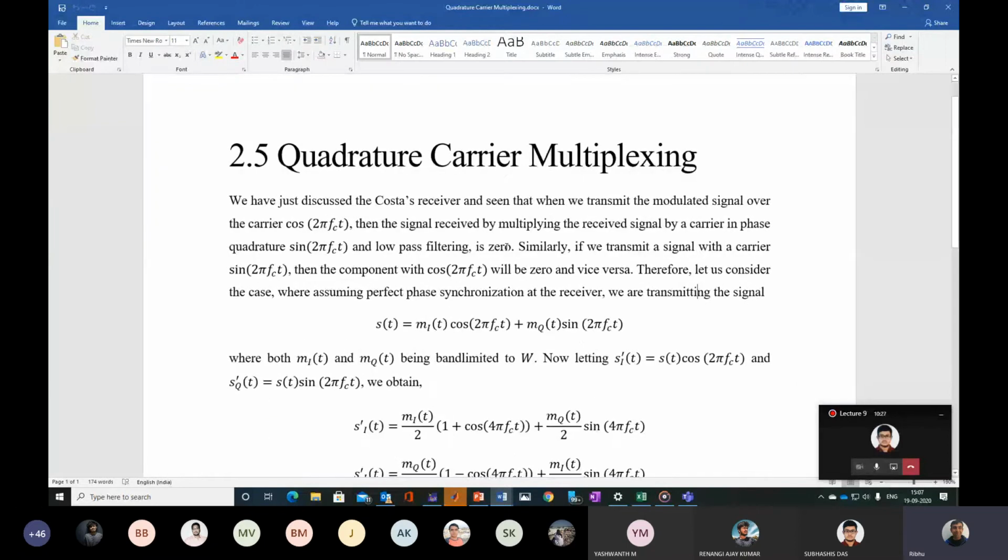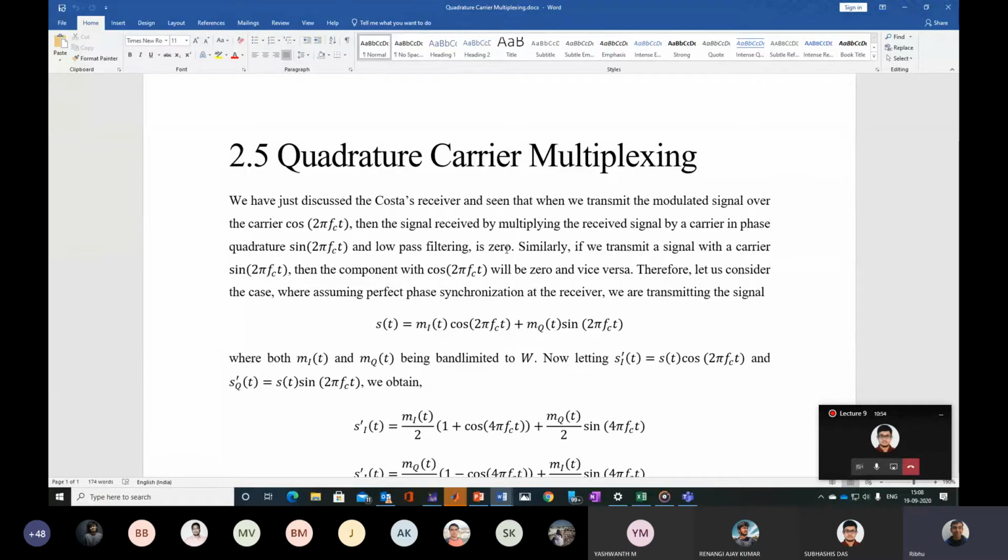We have discussed the Costas receiver, and so let us now consider the signal s(t) equals m_I(t) cos 2 pi f_c t plus m_Q(t) sin 2 pi f_c t, where m_I and m_Q are both real valued signals, band limited to W.